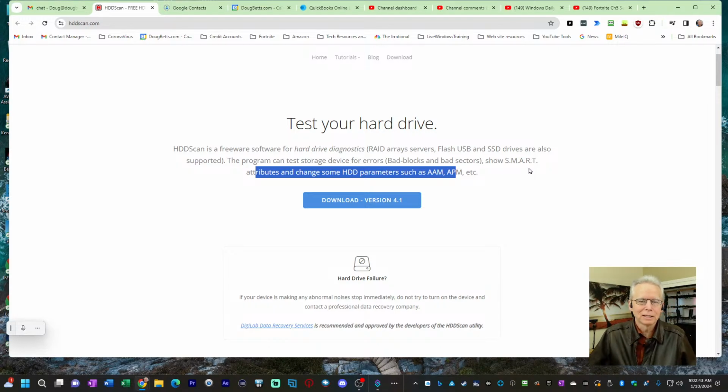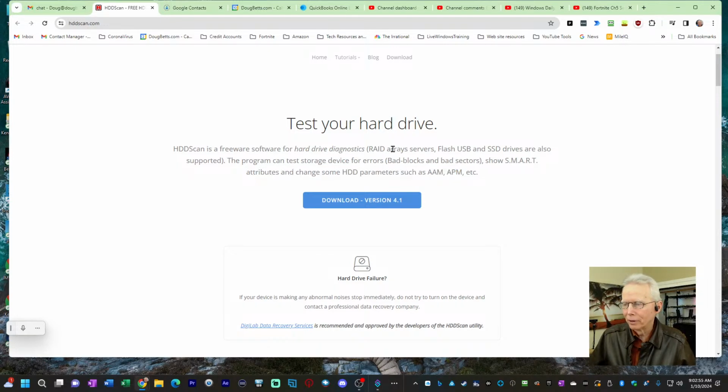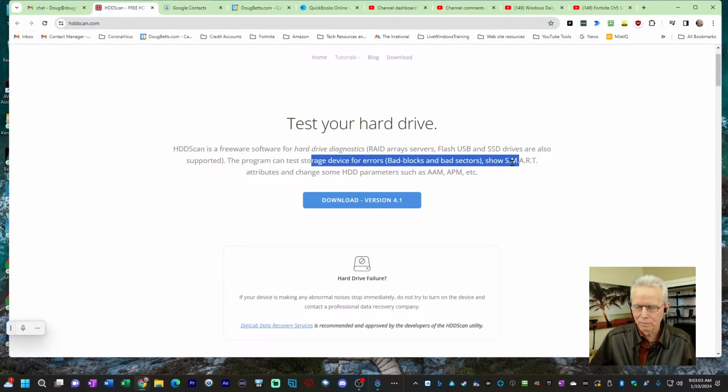If there's anything being reported as marginal or not working properly, then I replace the drive. They're just not expensive enough to warrant spending time on them. However, if you want to check, for instance, RAID arrays and server drives, that might more justify spending the time on it. I've got some server drives that are very expensive drives, and those would be worthwhile doing this on.